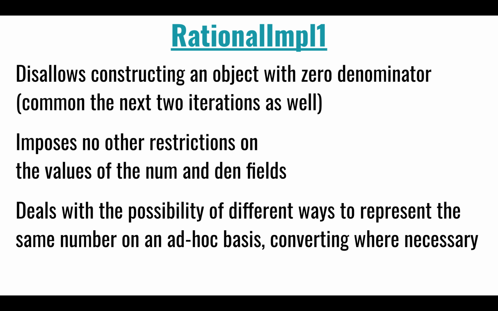It's something that most of us would do, and we're going to concentrate our validation on the numerator and denominator. We're going to make sure that our denominator is not 0, and validate all that in the constructor.